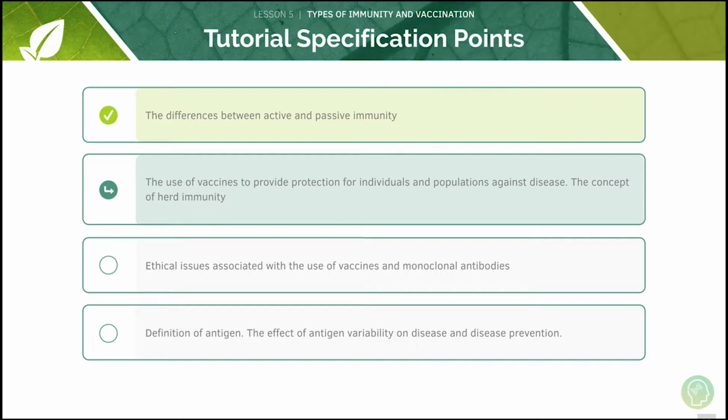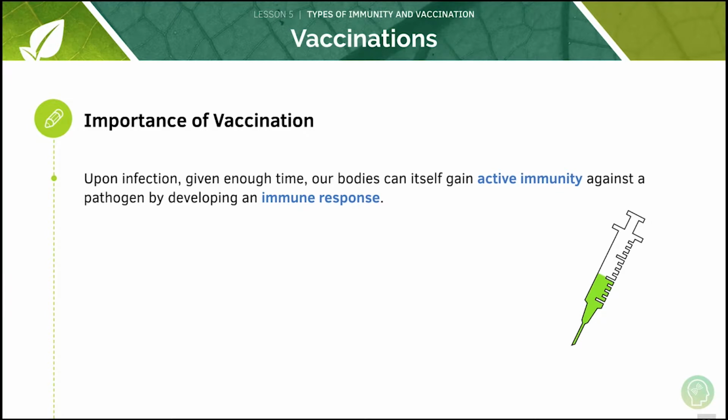Now, we'll look at the use of vaccines in herd immunity. Our body can itself develop immunity, given enough time. Upon infection, given enough time, our bodies can gain active immunity against a pathogen by developing an immune response. However, this usually takes 2 weeks.